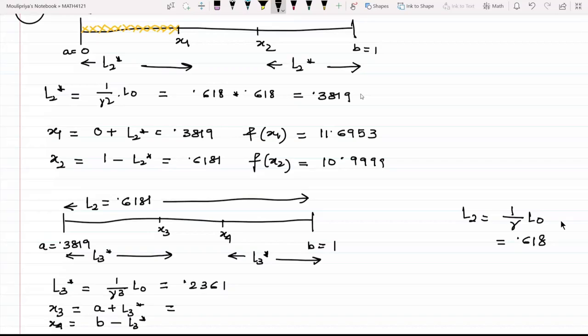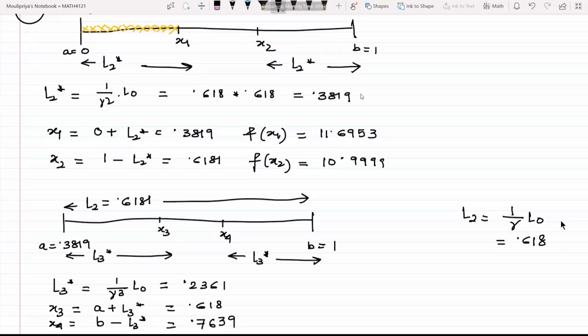So what is our X3? And what is X4? Right, 0.7639.